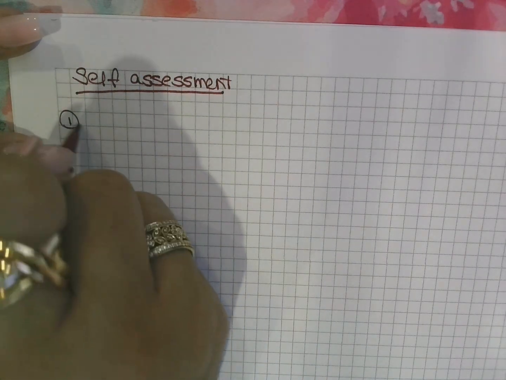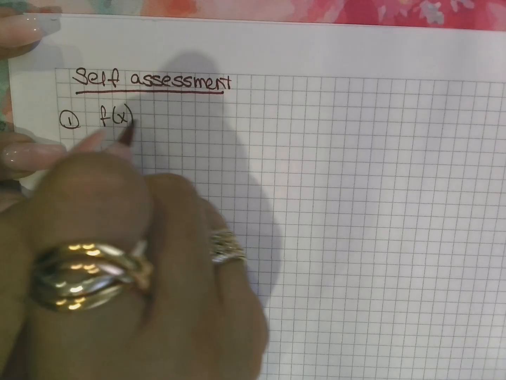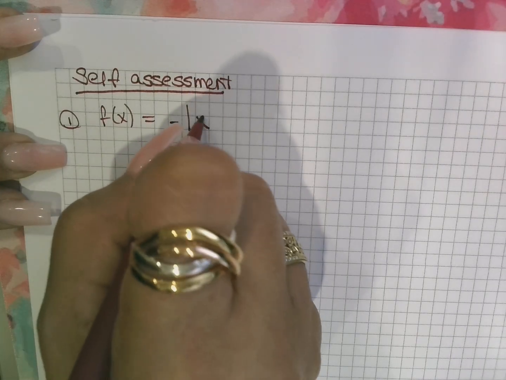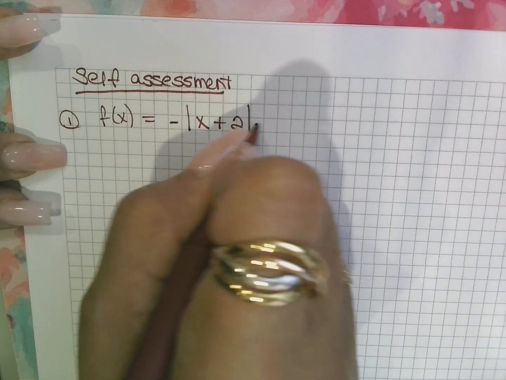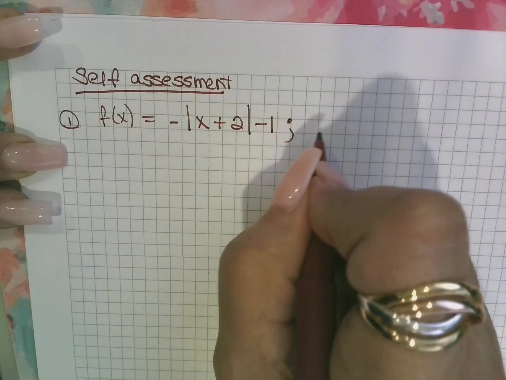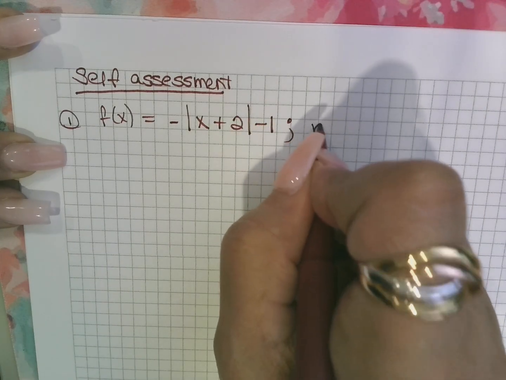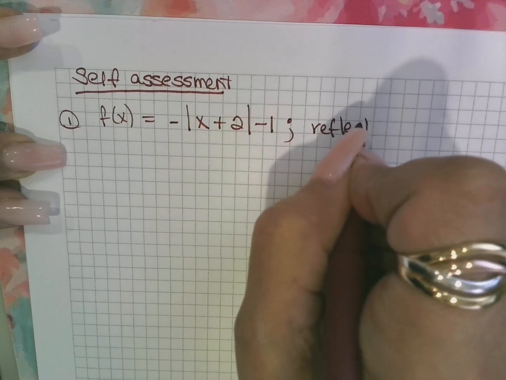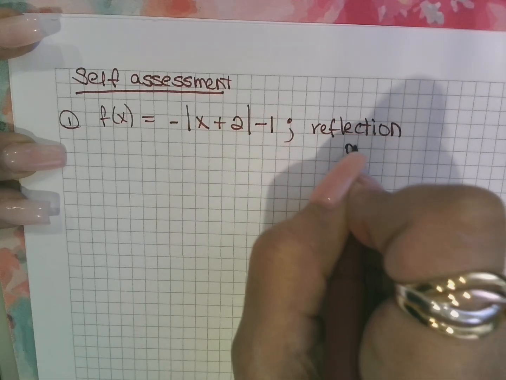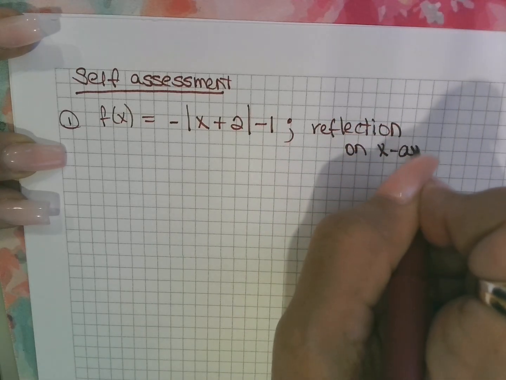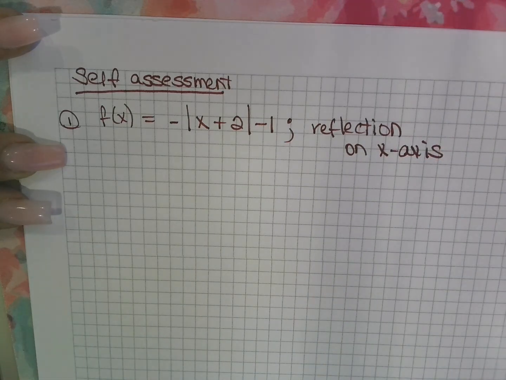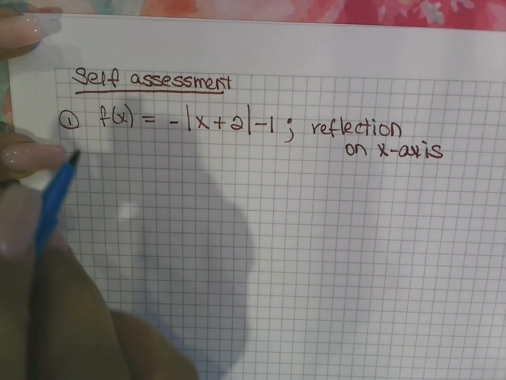All right, so number 1, you have f of x equals negative absolute value of x plus 2 minus 1, and you want a reflection on the x-axis.